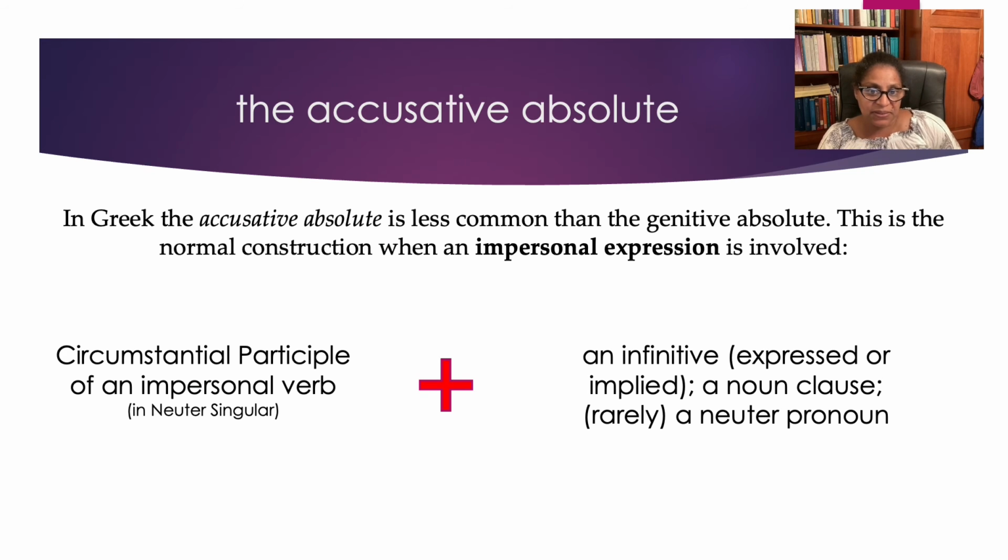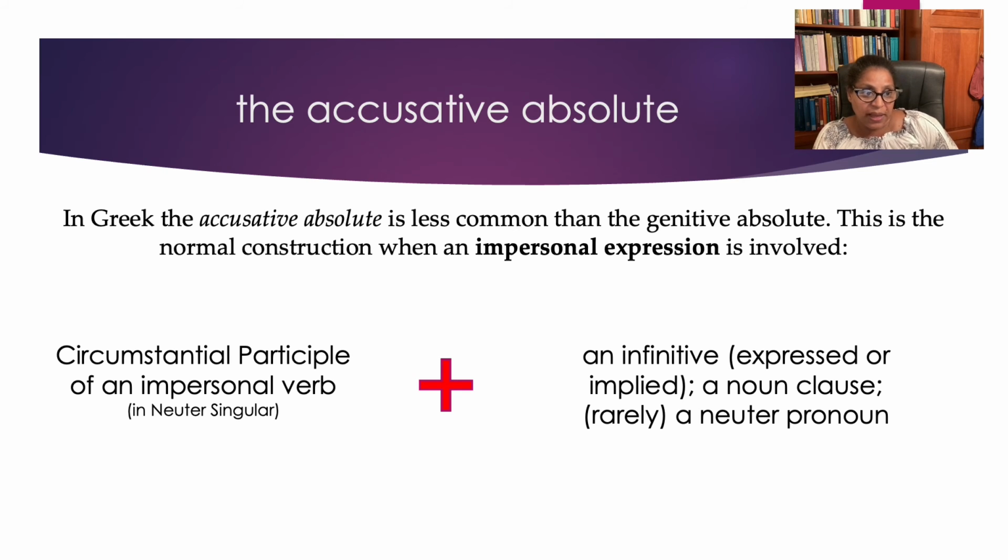What about the accusative absolute? This one tends to give everybody a lot of trouble, especially when you see it in a text, mainly because you're just not expecting it. One way of dealing with it: you end up seeing a random neuter participle that you can't figure out what's going on. It might very well be an accusative absolute. So how does that work?